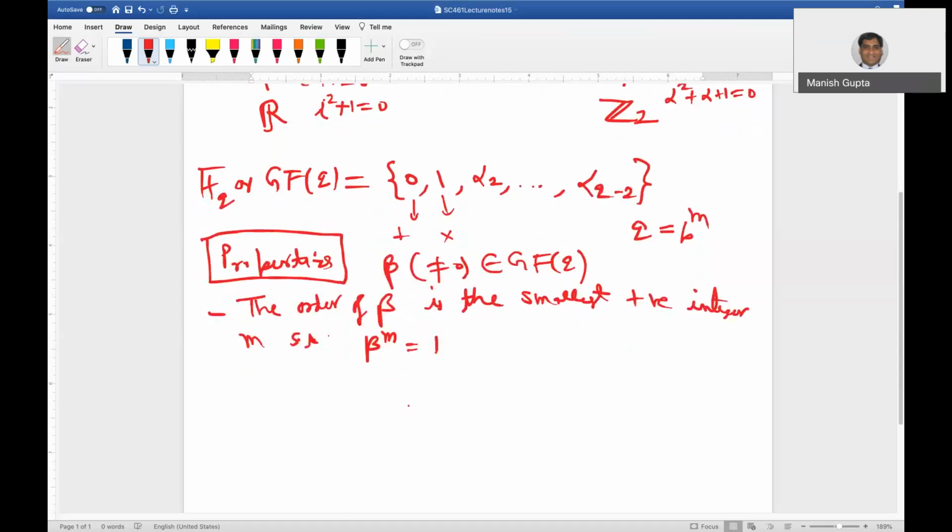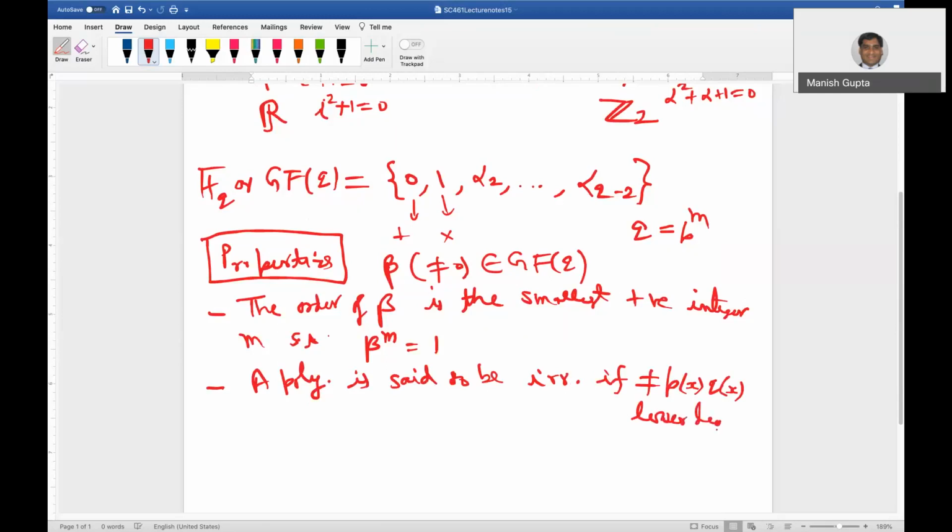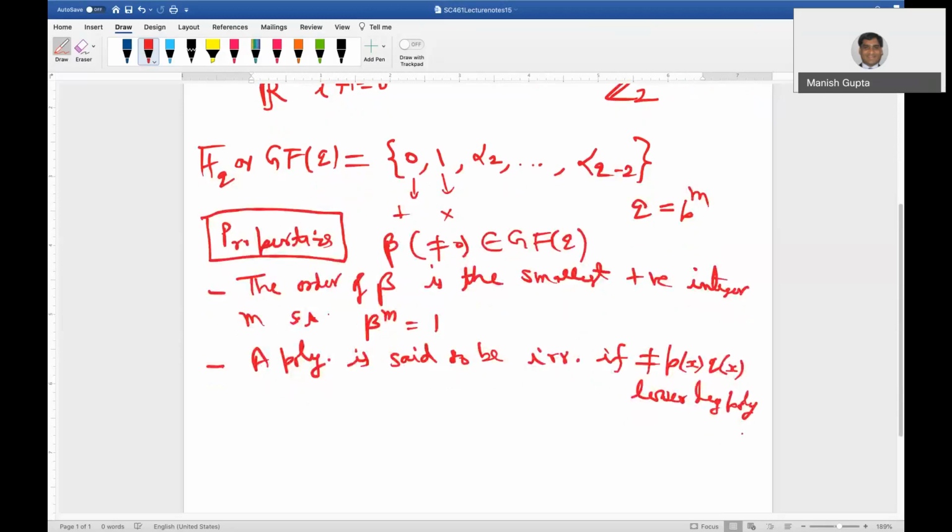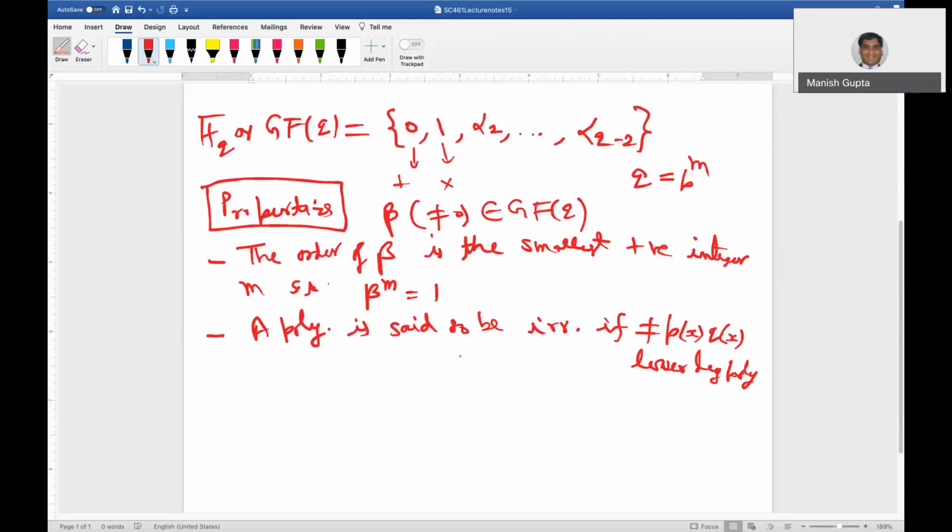Next, a polynomial is said to be irreducible if it cannot be written as a product of lower degree polynomials. Right, then we call the polynomial irreducible.